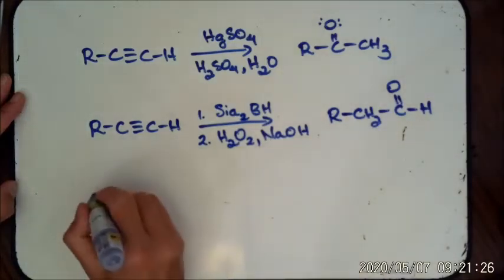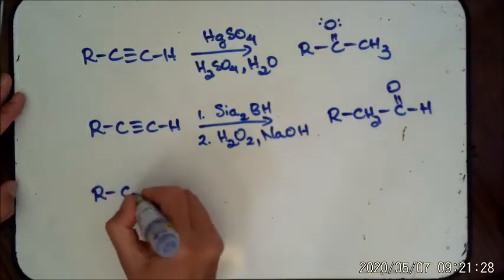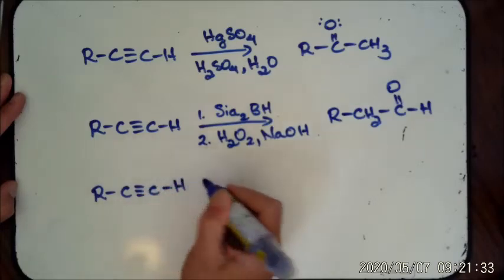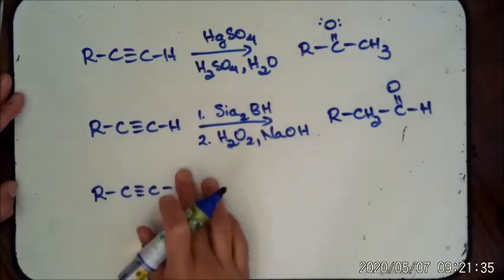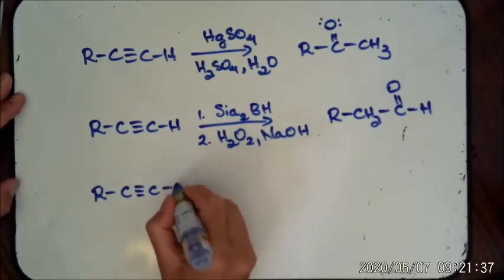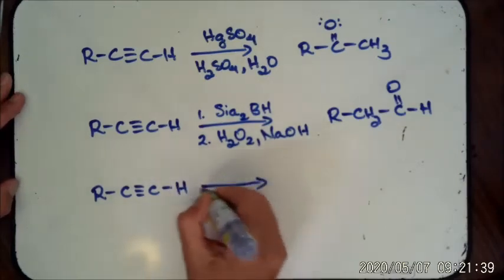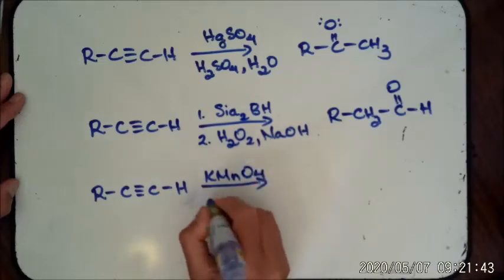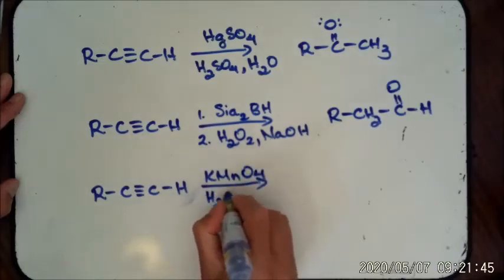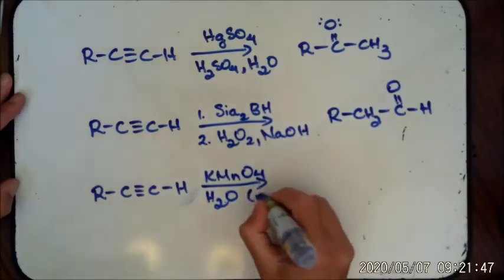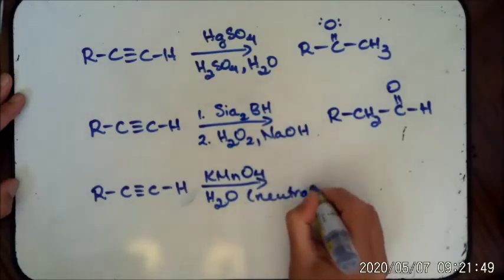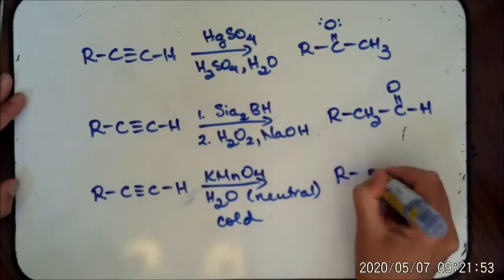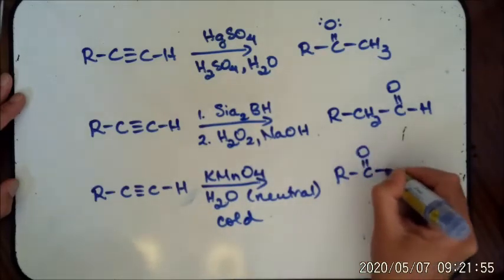Okay? If I take, I'll just put R group. I'll leave it as a hydrogen here. If I use potassium permanganate under water, make sure it's neutral, and it's cold, then you form the diketone.